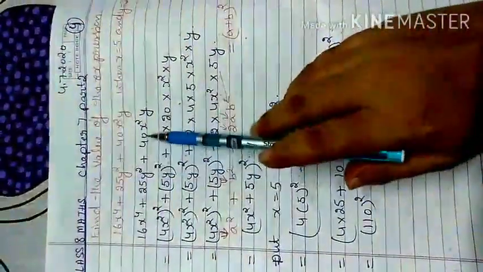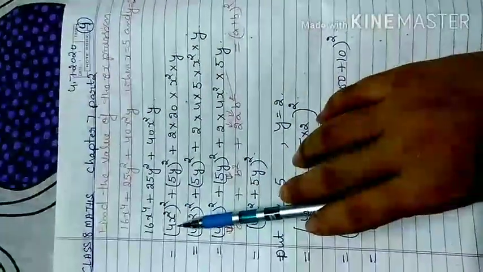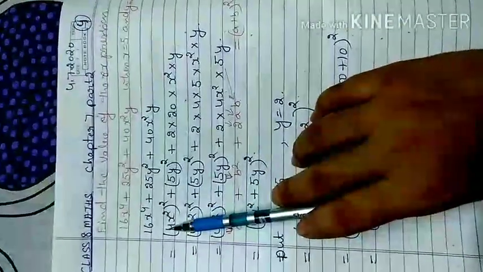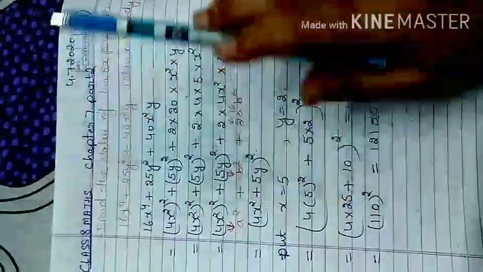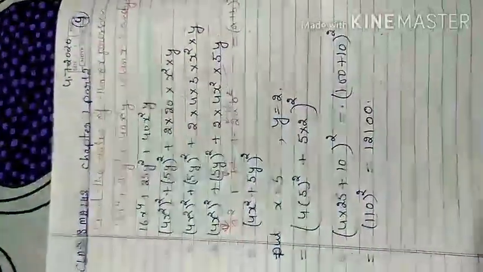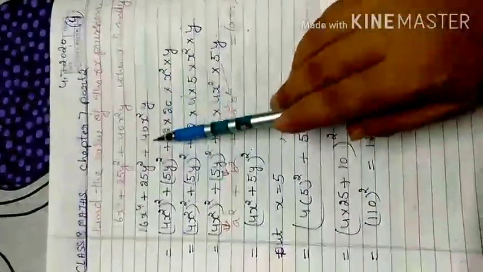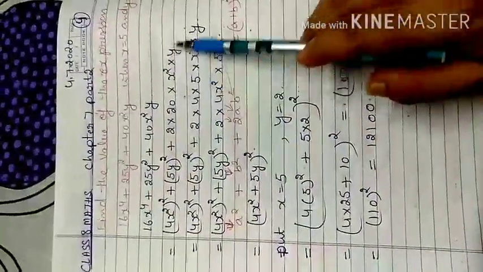So first I will make two separate from that. 16x^4 is written as 4x square whole square, because 4 square is 16 and x square squared is x to the power 4. 25y square will be written as 5y square, because these are the perfect squares of these two terms. Now when you keep 2 separate from that, 2 into 20x square y.